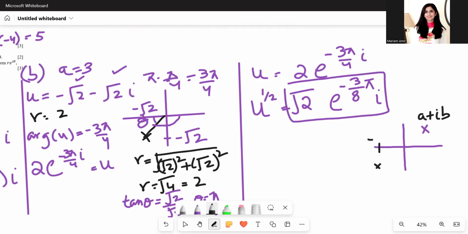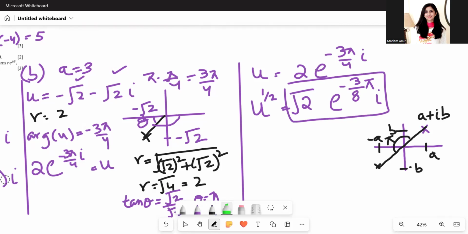We'll have negative a here and negative b here. This was a and b. So when we're finding the square root, if you have one root, you can find the other root by multiplying the first root with −1. So we see that it falls in the opposite quadrant. If it was in the first quadrant, the other square root is going to fall in the third quadrant. We see that that's a shift of pi.